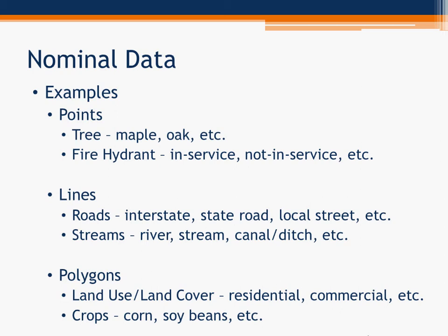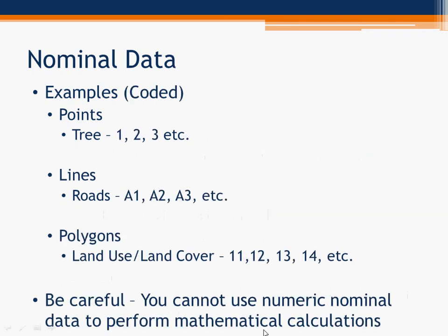where we will actually use that resource document to look at some of the codes. So speaking of code values, you could have numbers in your database that mean something but are not, again, mathematical values. So instead of saying maple, oak, green ash, hackberry, whatever, we could simply have coded values in the database.